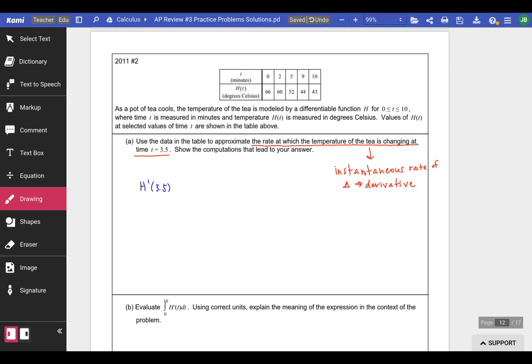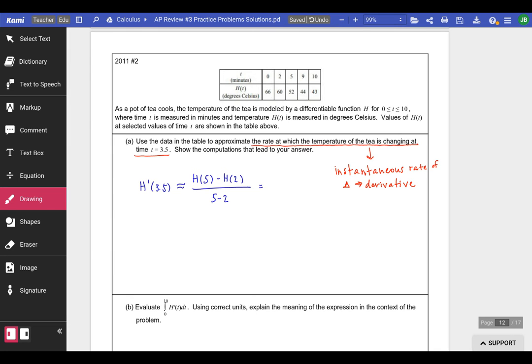Now we don't have a function, so we can't find the exact value. So what we're going to use is the average rate of change to approximate the instantaneous rate of change. So I'm going to pick the two values that are closest on either side to 3.5. So that means I'm going to use h of 5 minus h of 2 all over 5 minus 2, and then just use the data in the table.